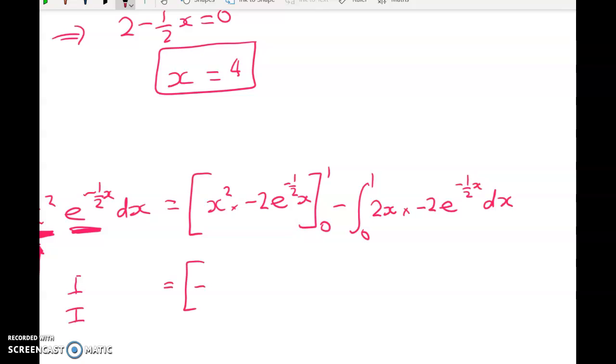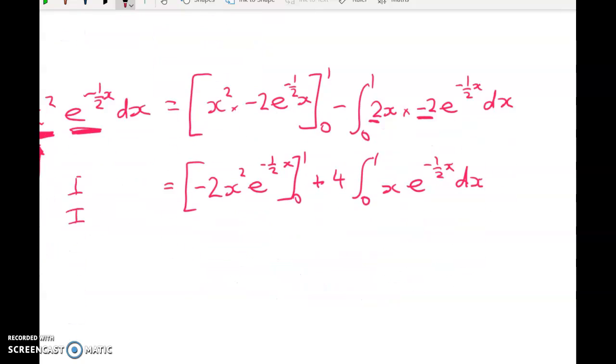We're going to clean everything up first. So negative 2x squared e to the negative half x evaluated here. Right, and now be really careful. I've got a negative 4 here, but I've got a negative here. Take the constant out the front. And we have x e to the negative half x dx.